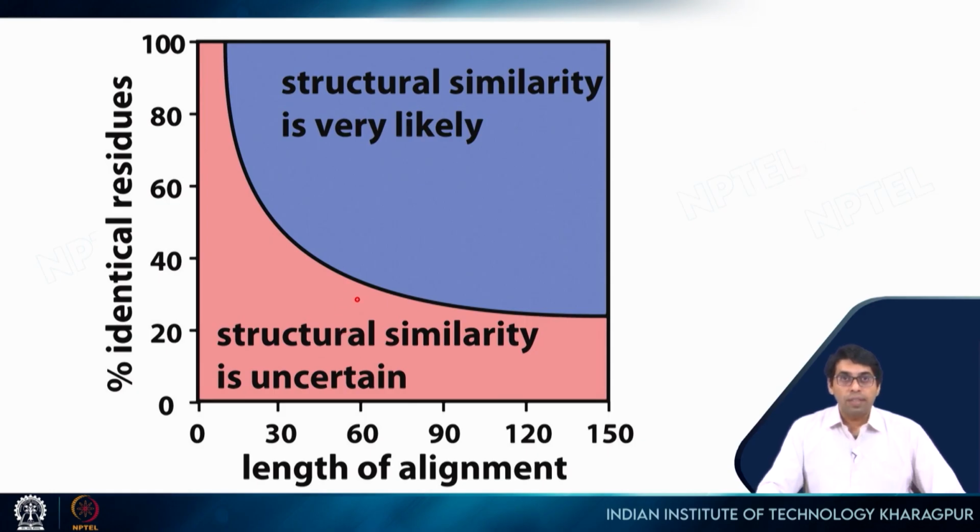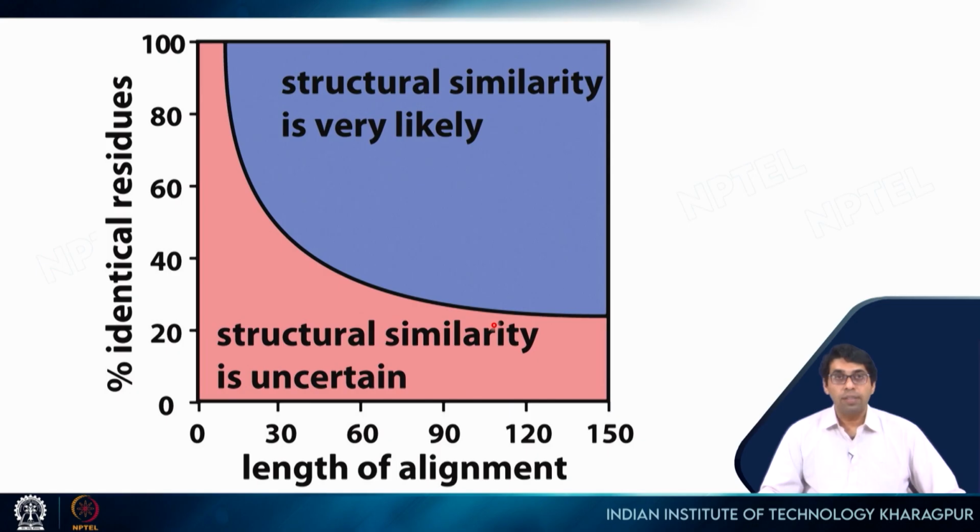So, it turns out that when we align two sequences, if the sequence is significantly long, more than let us say 100 residues, and we end up with 10 or 20% similarity, chances of these two sequences to be structurally similar is very likely, right. Because you have two sequences which are 100 amino acid long and their sequence similarity is 20%, that happening by random chance is very less.